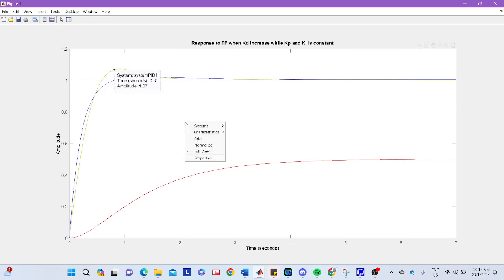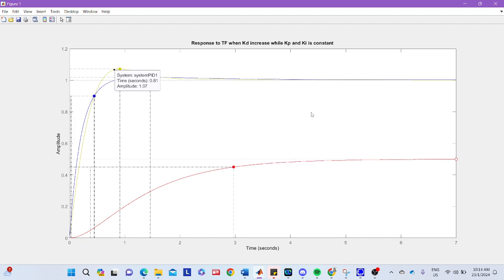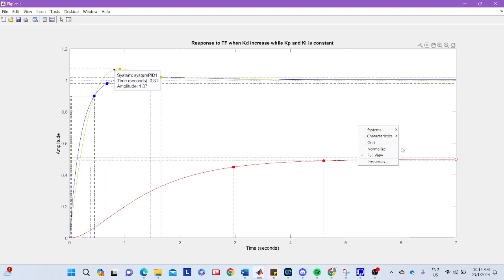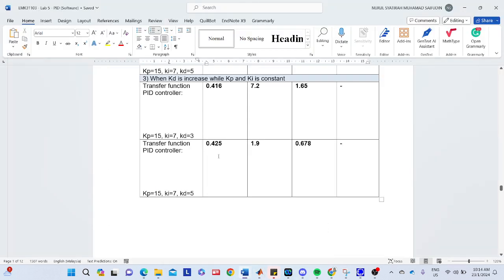So we need to see the rise time, overshoot, settling time, and steady state error. The yellow one is system number one, where Kp is 15, Ki is 7, and Kd is 3.